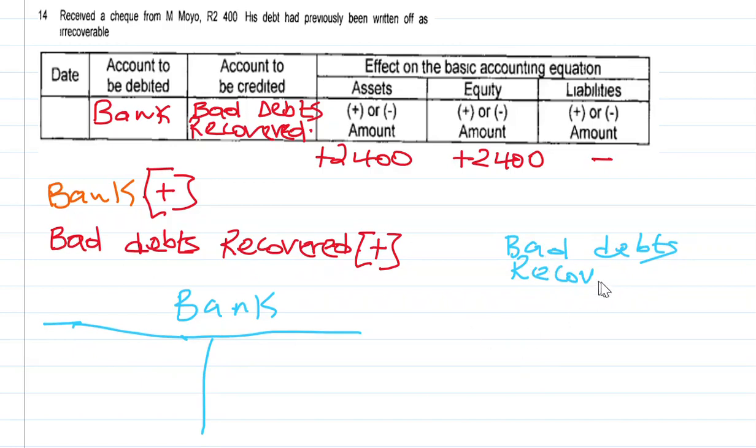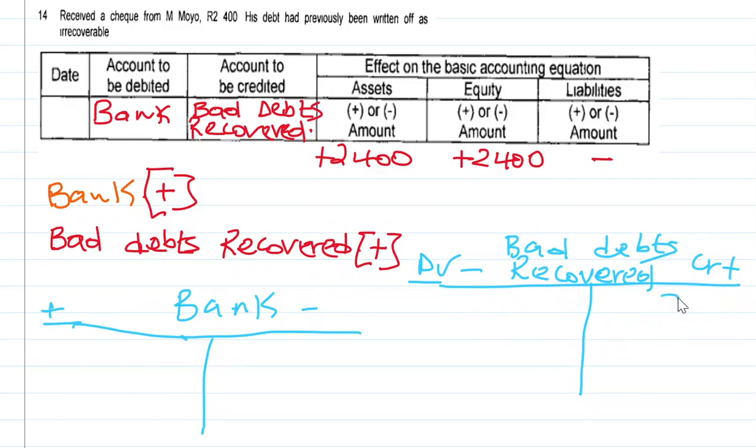Bad debts recovered. Open up your account, and now, okay, debit, and then there's the credit. It's a plus, it's a minus, it's a plus, it's a minus. Remember your income, the increase on the credit side and the decrease on the debit side.